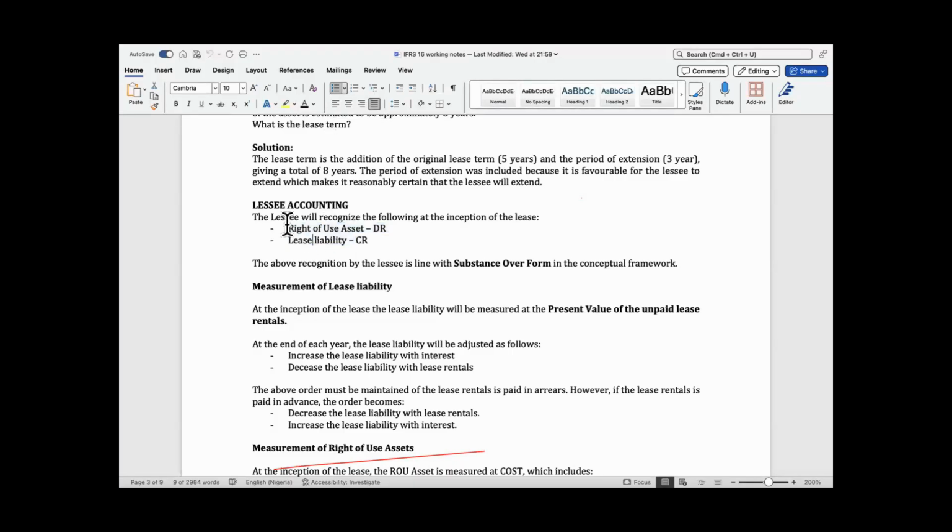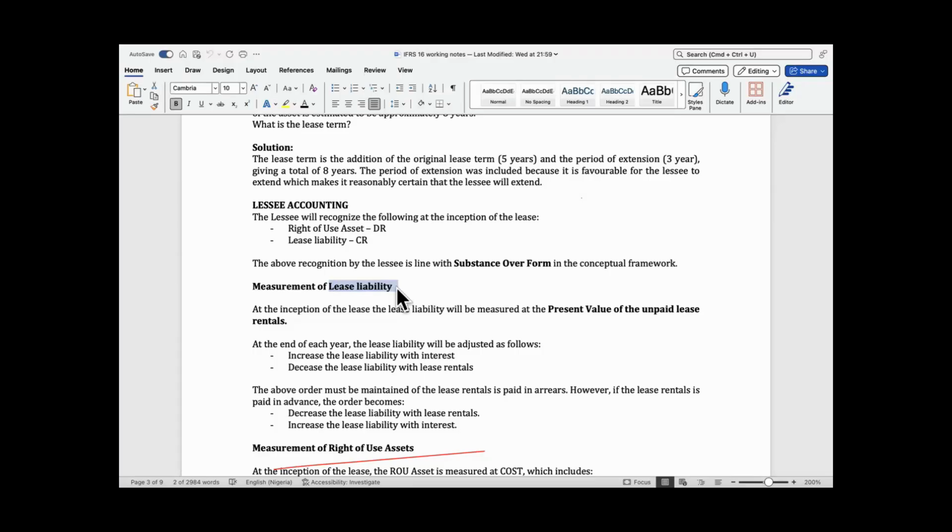However, for right of use assets, we would then need to add the amount paid at the commencement date, initial direct cost, and decommissioning cost. For the lease liability, at the end of each year, we need to increase that lease liability with interest and then decrease it with lease rentals.